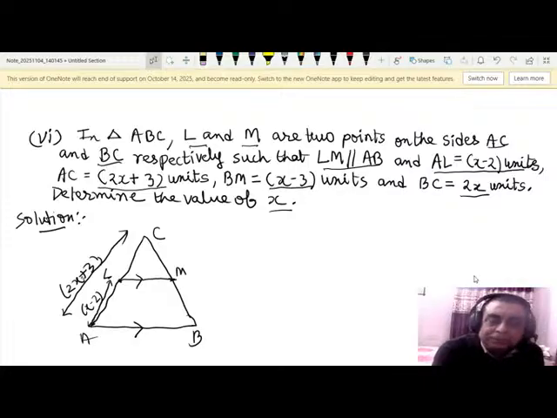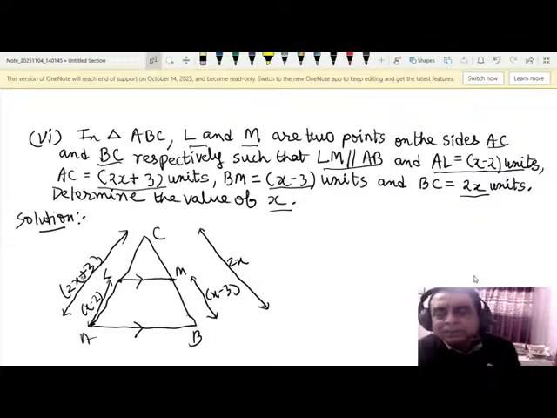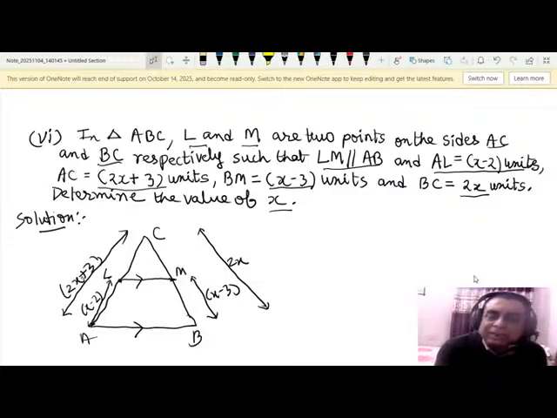Next, BM is given. Which one is BM? This one is BM. Its length is given as x minus 3, and BC, which one is BC? This whole is BC. Its length is given as 2x. Okay, and we are asked to find the value of x.